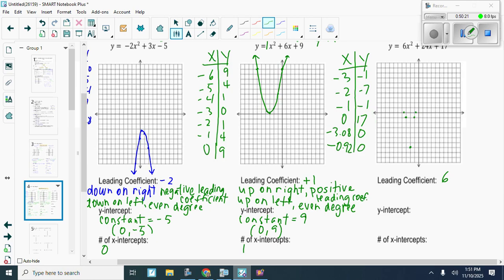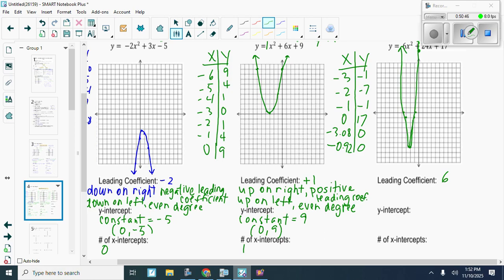Our y was at like positive 17, which is off the chart. This is a very, very steep parabola. Make sure yours looks nice. It's still a curve at the bottom, it's still a minimum, but it's very narrow.